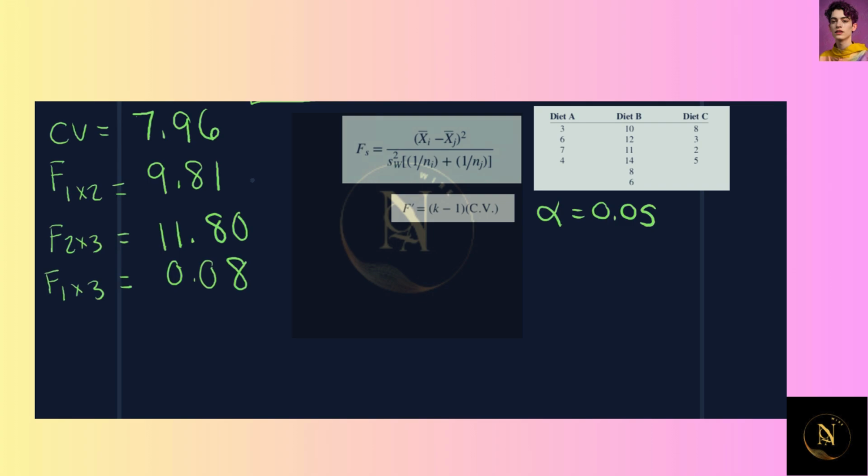We have a significant value if our test statistic is larger than our critical value, then that means the means are significantly different from each other. So is 9.81 larger than 7.96? Yes.